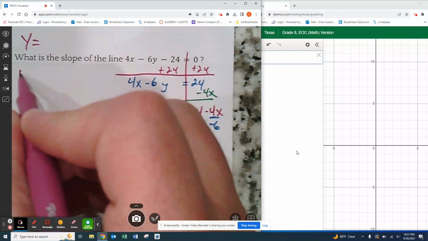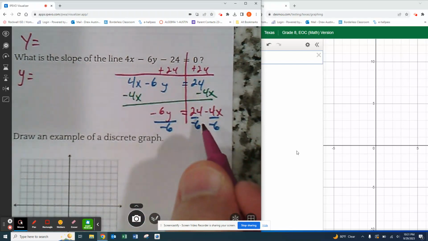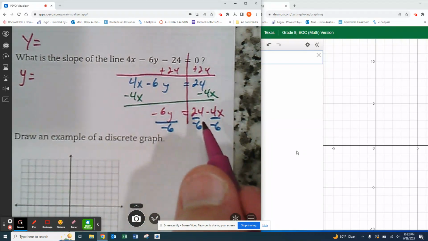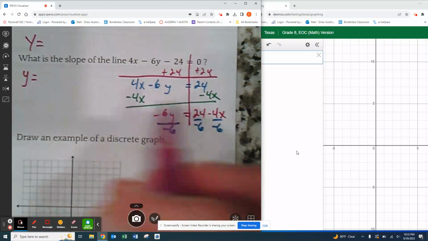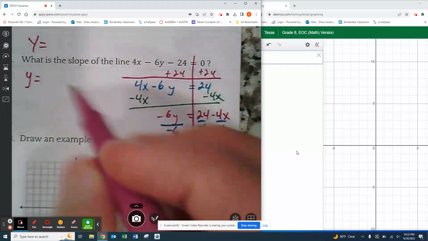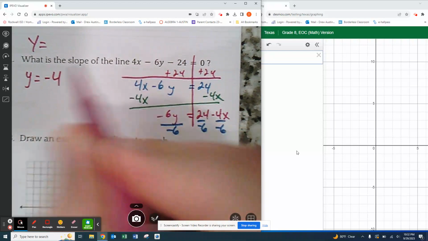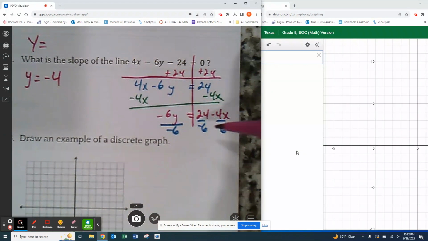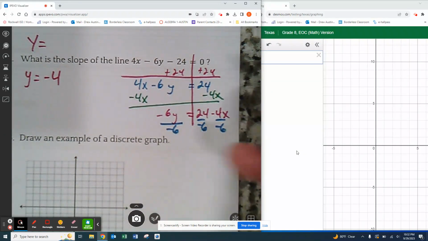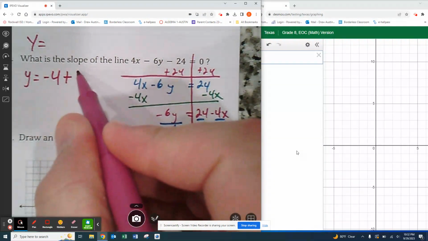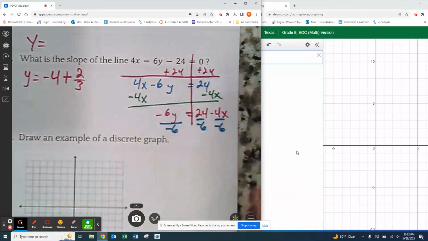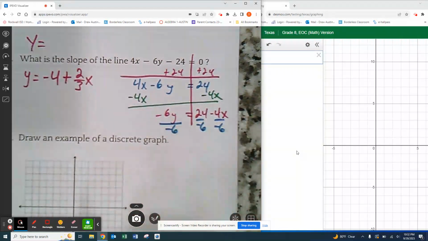So I'm left with y equals 24 divided by 6 is 4, but 24 divided by negative 6 is negative 4. Negative 4 divided by negative 6 is positive, and 4 over 6 can reduce down to 2/3, and that's going to be x.